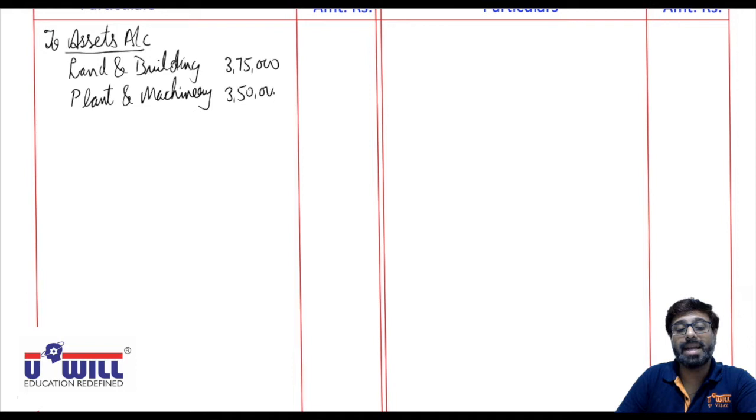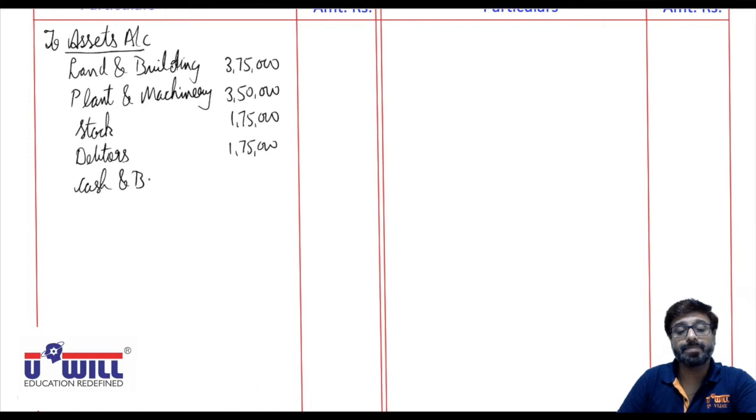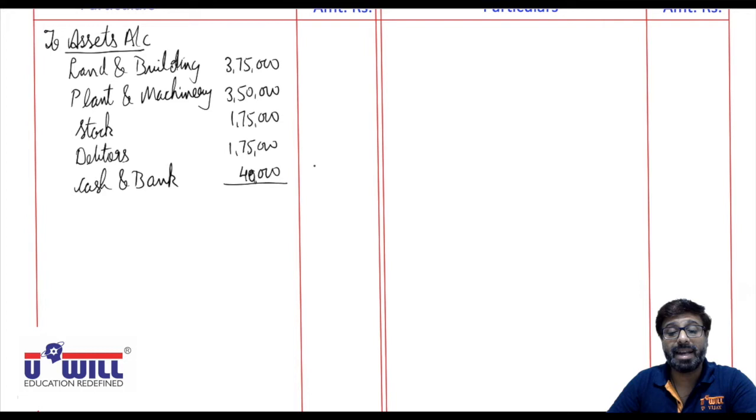Stock 1,75,000. Debtors 1,75,000. Cash and bank 40,000. Total, as we have done in the journal, 11,15,000.